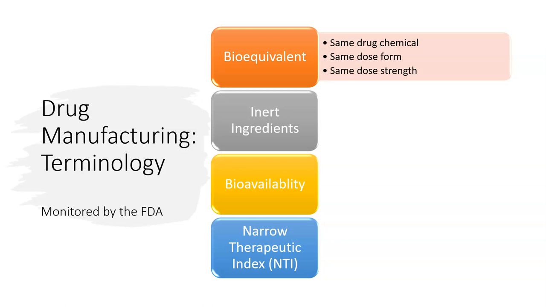Drugs like levothyroxine, which is a synthetic form of thyroid hormone, have different brand names. There's Synthroid, there's Levoxyl, there's Levothyroid, and then there's generic levothyroxine available. And there are many different manufacturers. It could be a Mylan generic, a Pharma generic, or a Watson generic.